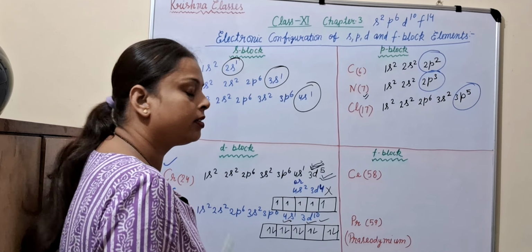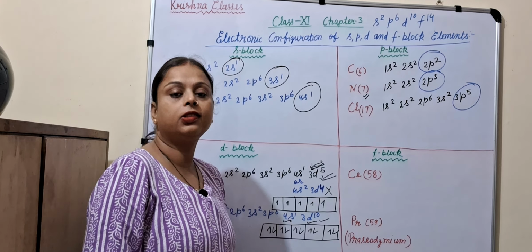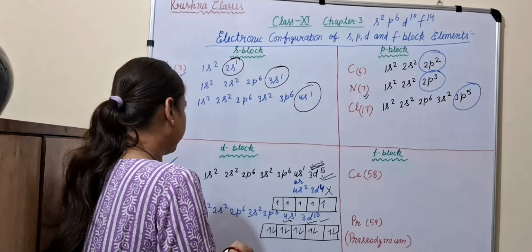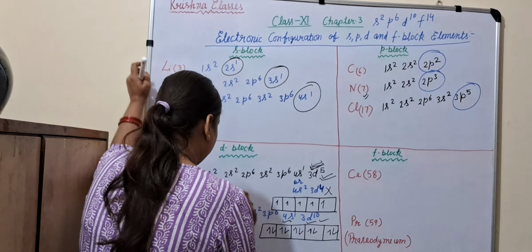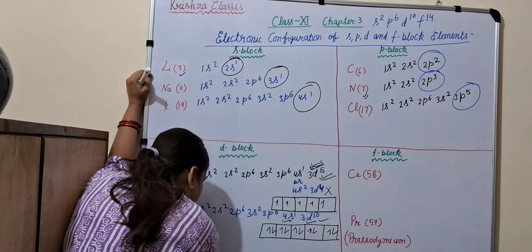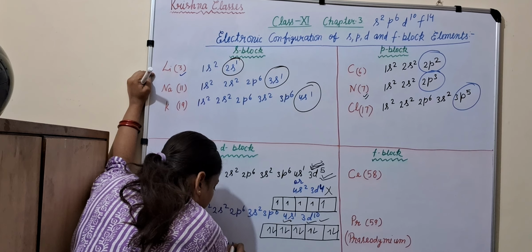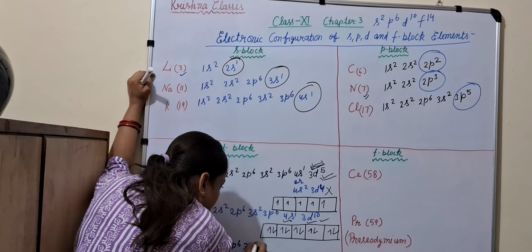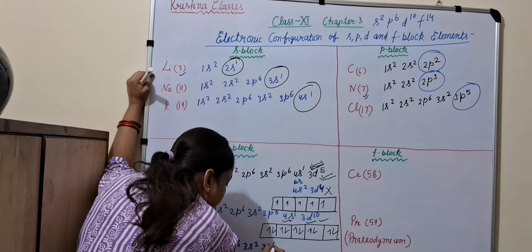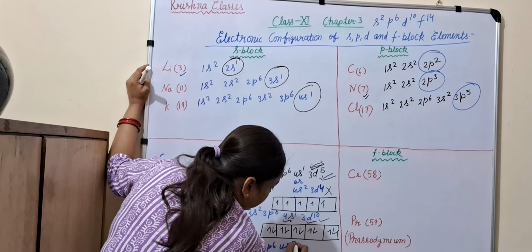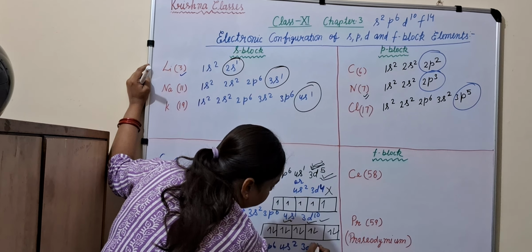Now come to zinc. The atomic number of zinc is 30. Let's start the electronic configuration of zinc. This is not an exceptional case, this is a normal case. 1s2, 2s2, 2p6, 3s2, 3p6, 4s2 and 3d10.